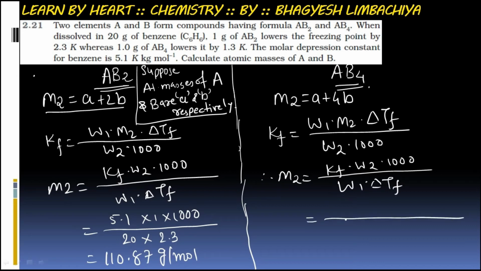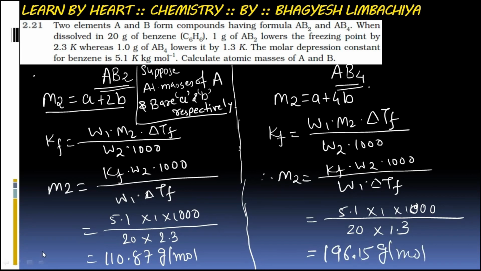So Kf is given 5.1 multiplied by 1 multiplied by 1000 divided by 20 multiplied by 1.3. So the answer is 196.15 gram per mole.